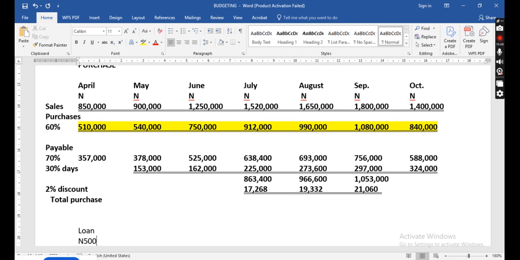That is 500,000 divided by 12. That is 41,667. That is a very good one.